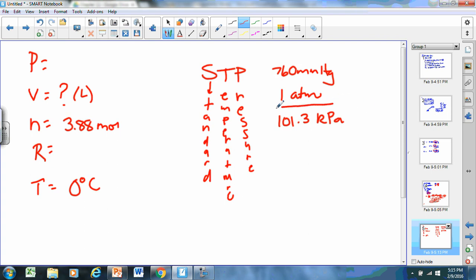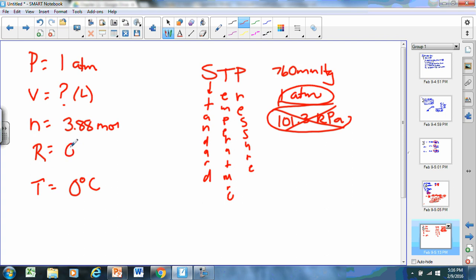I'm going to pick 1 atmosphere, and remember that's exact. Average atmospheric pressure is 1 atmosphere. It has infinitely many sig figs.